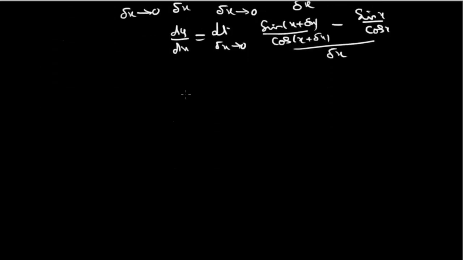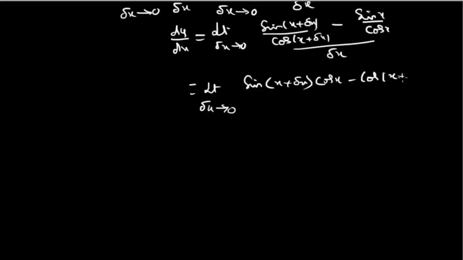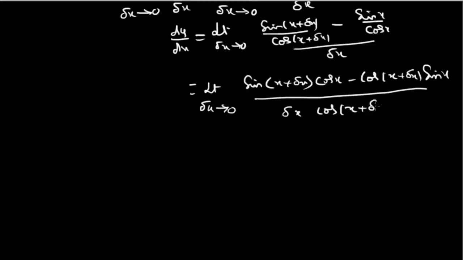Now take LCM, then we get sin of x plus delta x into cos x minus cos of x plus delta x into sin x. That LCM along with the delta x we write together here in the denominator. Delta x into cos of x plus delta x into cos x.